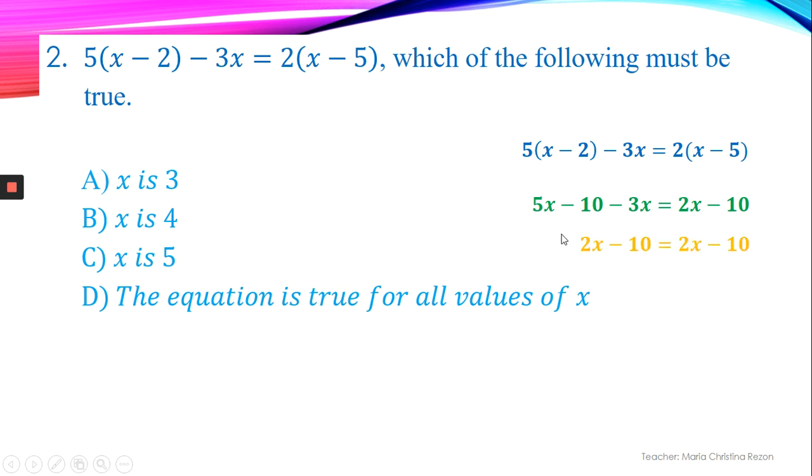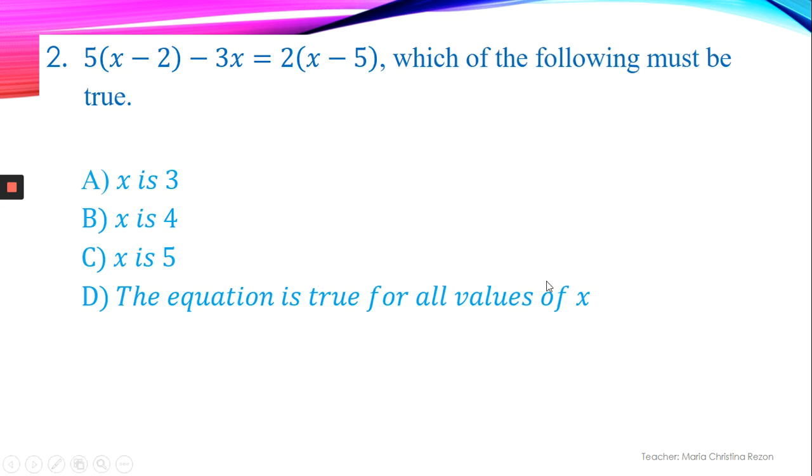So you have 2x minus 10 is equal to 2x minus 10. So this type of equation then is an equation that is true for all values of x. In other words, it is an identity equation. So your answer is letter D.